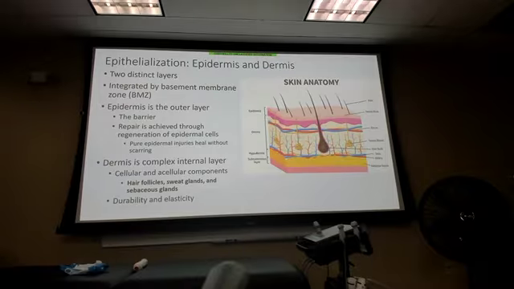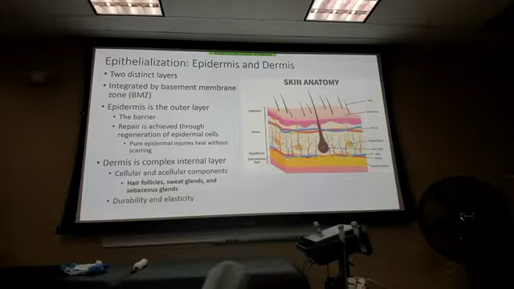Epidermis is the outer layer. We get repair through regeneration of epidermal cells. Now, is this just a purely epidermal injury? Any abrasion or first degree burn, the epidermis really regenerates, right? So there is no scarring as long as it doesn't go into the dermis. Once we start talking about dermis, that's when we start talking about scars.